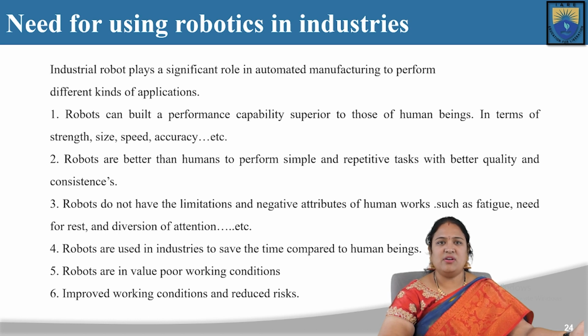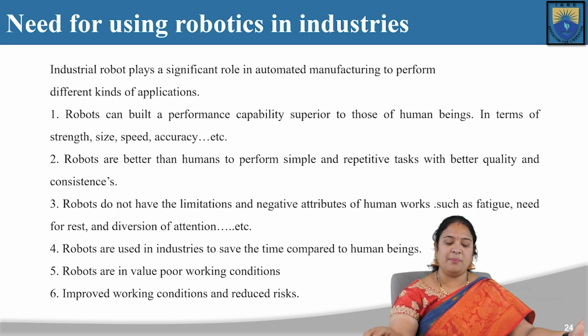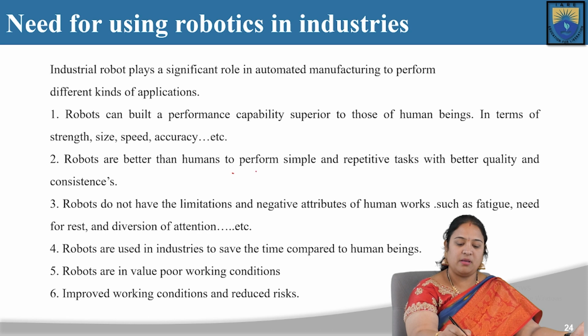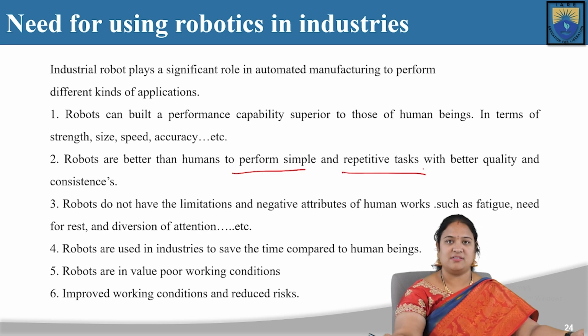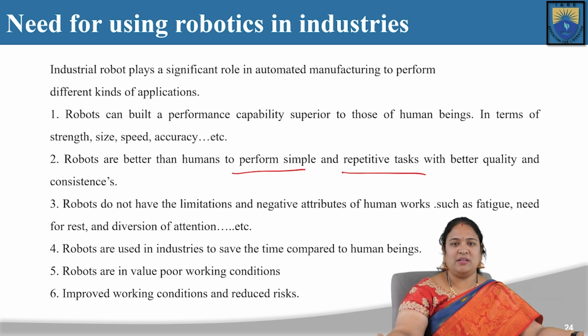And the next one is robots are better than humans at performing simple and repetitive tasks with better quality and consistency. What does this mean? We just perform simple and repetitive tasks. That is, when the work has to be done repeatedly, what happens?